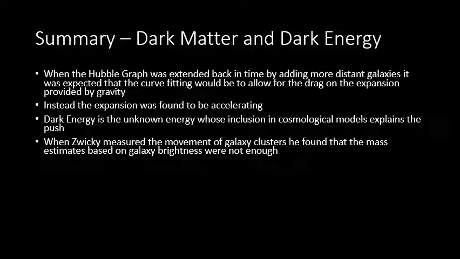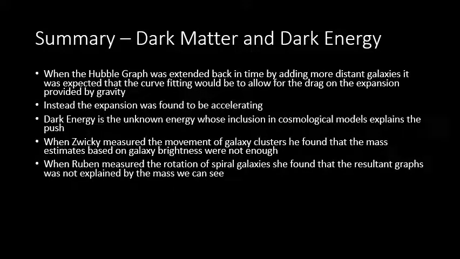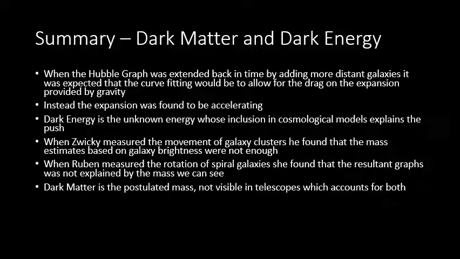And then we have the galaxy cluster problem, and I think I probably misspelled both Zwicky and Rubin, but never mind. And we have the rotation of spiral galaxies problem, and both of those are solved by postulating this mass that we can't see, dark matter.